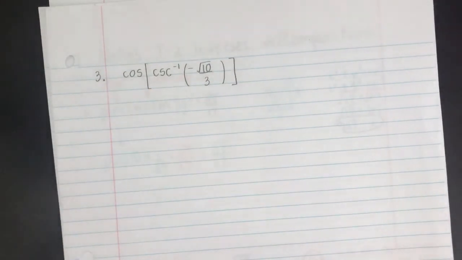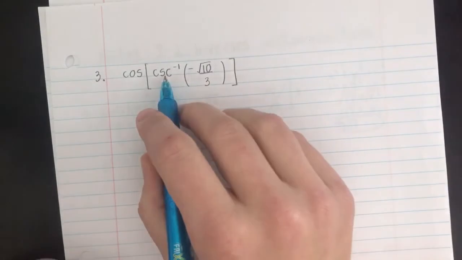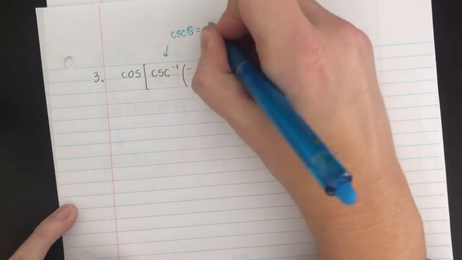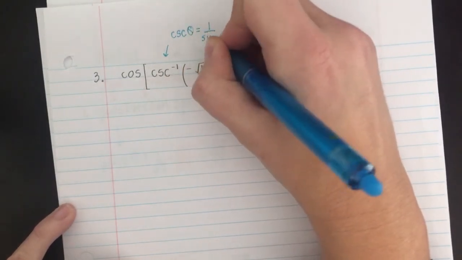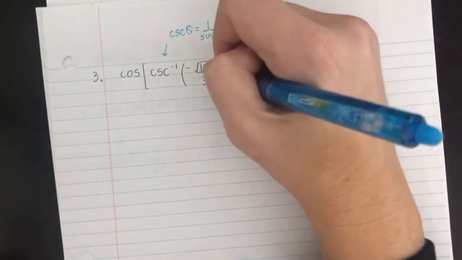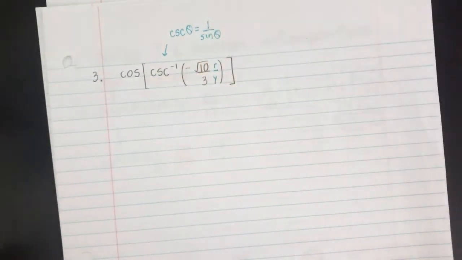So let's label some things, cosecant first. Remember that cosecant of theta is equal to 1 over sine of theta. Okay, so if sine is y over r, cosecant is r over y. So r over y.